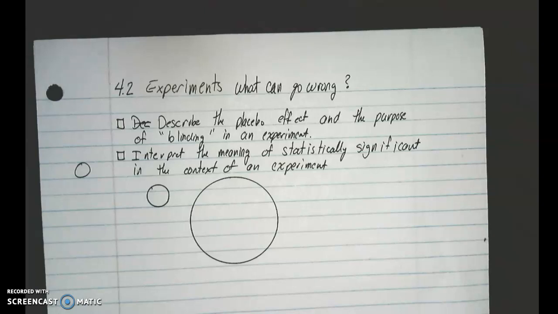What blinding means for us in this one, and we'll talk about it more in a second, is that there's some type of not being deceitful, but not telling everybody exactly what they're getting. Twisting the truth a little bit. And then we're going to talk about statistically significant in the context of our experiment.